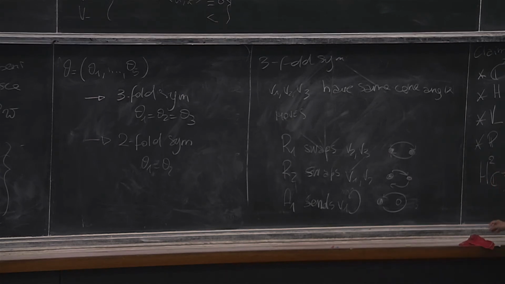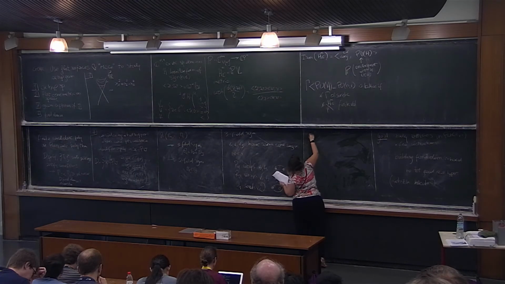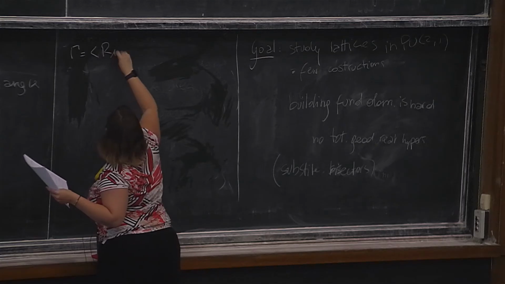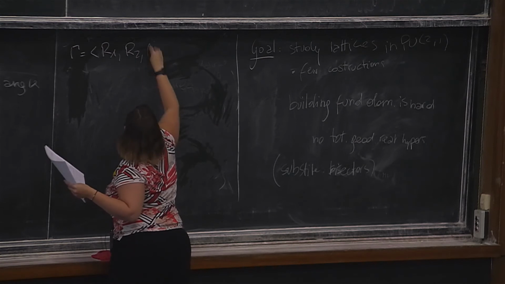Okay? And in this case, it's more like a full twist. And then consider the group generated by R1, R2, and A1.